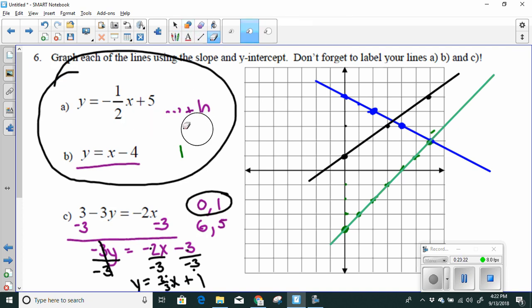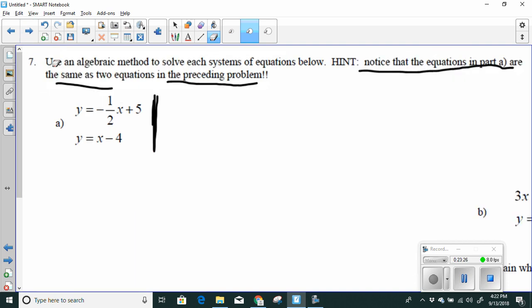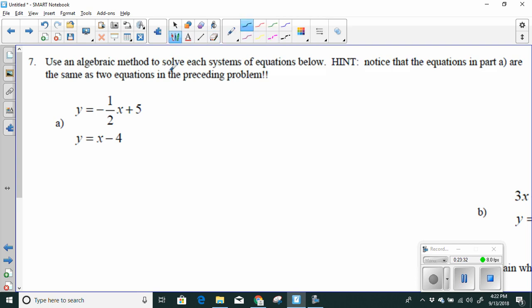If you know what it means to solve a system of equations, what we're looking for is a point of intersection. We're looking for where two lines intersect or cross.